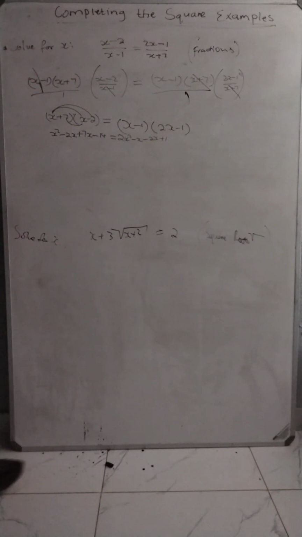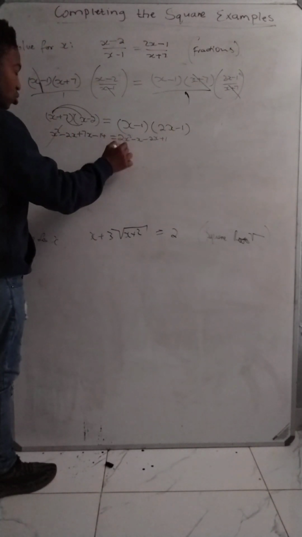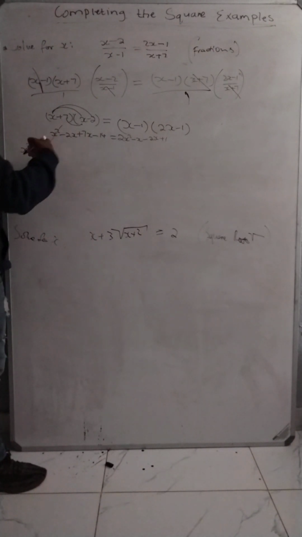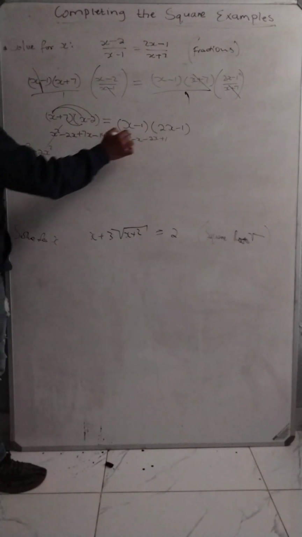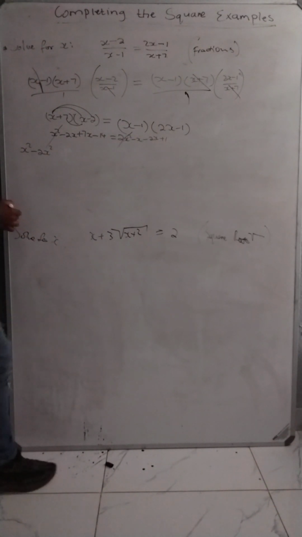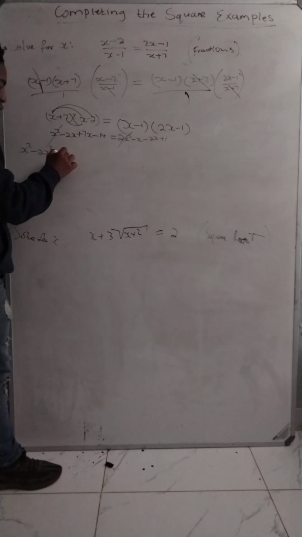Okay, and then we are going to be grouping the like terms. So we have x squared, and then the other x squared is on the other side of the equal sign. We take it to this side, it's going to be negative 2x squared. Okay, and then we take in the x's. We have a minus 2x this side, minus 2x.